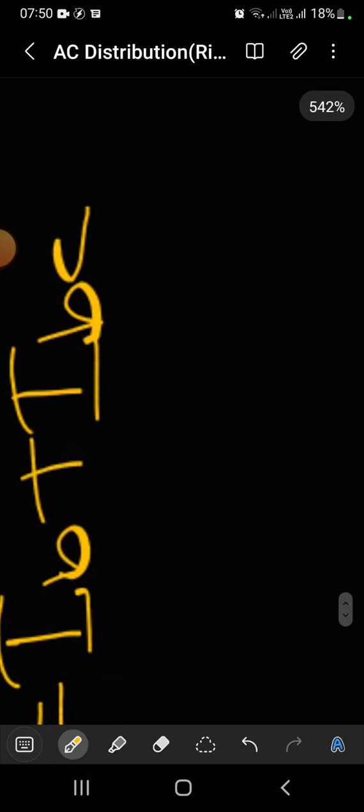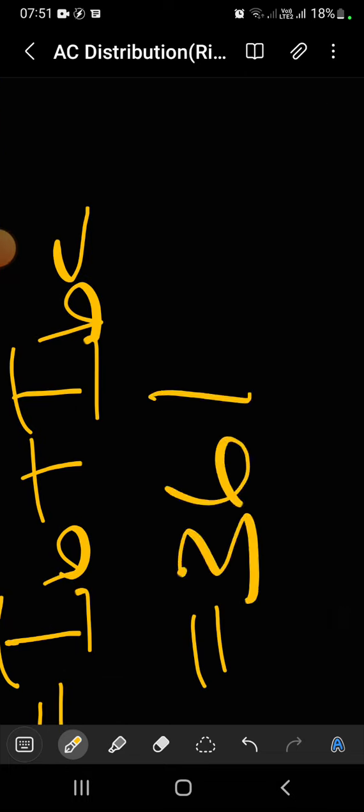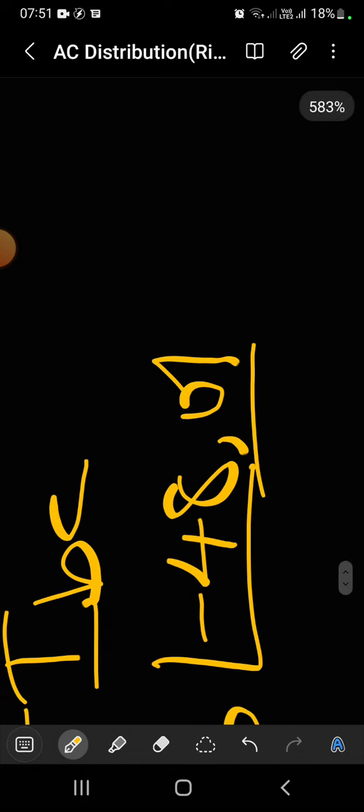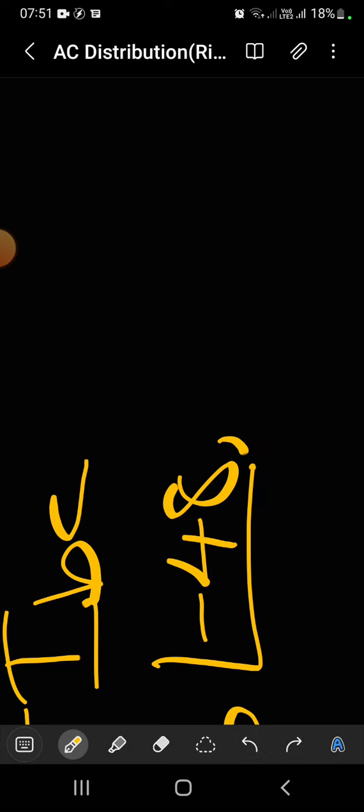So our IB, I think, is 36 at an angle of -48.01, plus, let me paste it.